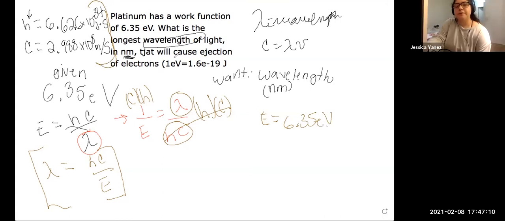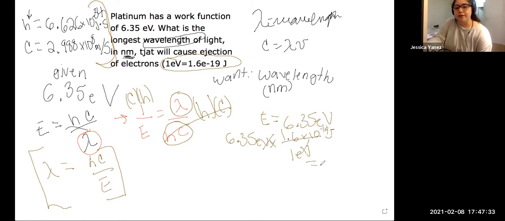But we also have to keep in mind that they give us this in eV, so we want to convert that into joules. This is going to be another equation by itself. We start with our given 6.35 eV and convert it to joules, and they're telling us that 1 eV is equal to 1.6 times 10 to the negative 19 joules.